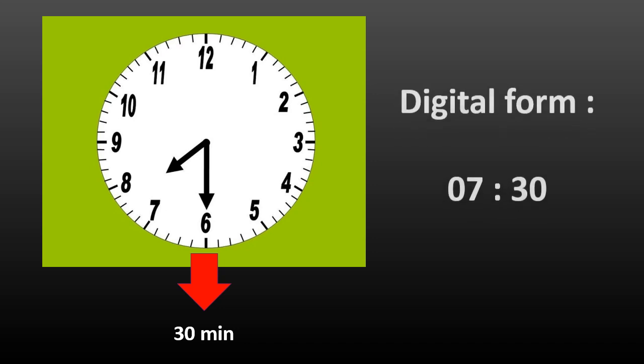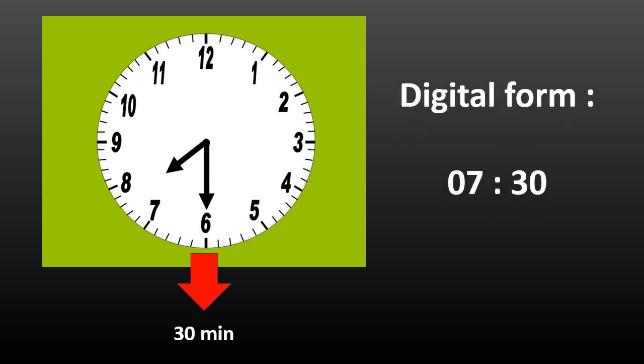So what about the left hand, which reads the hours? Now the short arm is between the 7 and 8. So which number are you going to take, 7 or 8? When we say past, we have to take the first number. Which number is first here, the 7 or 8? 7. So in the past, we take the 7, the previous number, which is the opposite of to. As we said before, with to, we take the next number if it's between two numbers, and not the previous number.